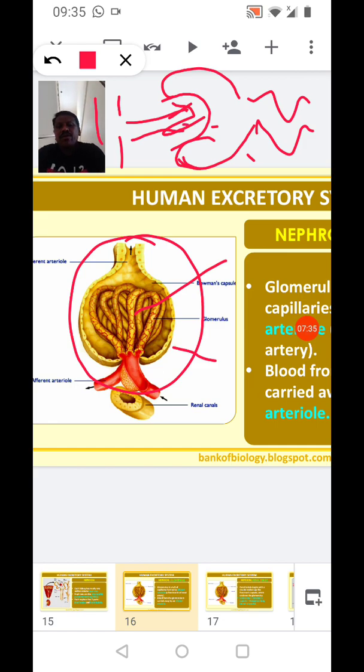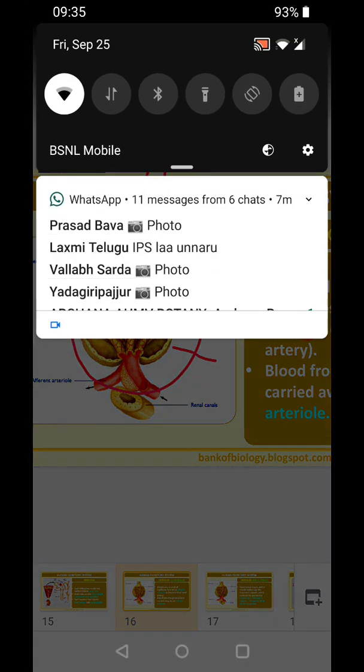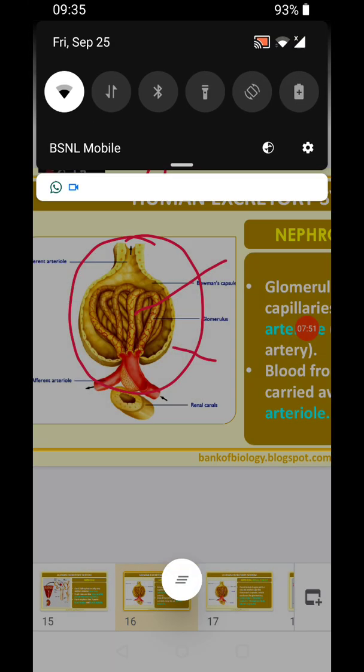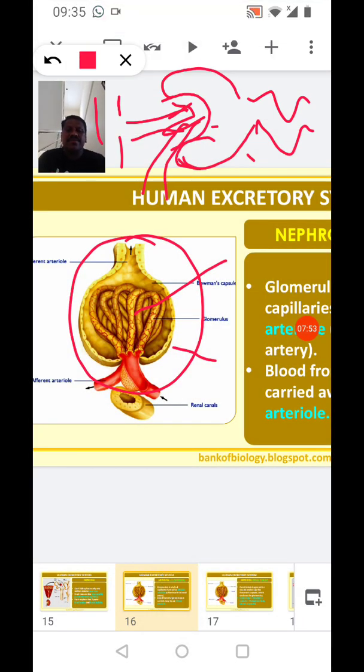And from the glomerulus, one blood vessel will come out, which is known as efferent renal arteriole. Right? So that means here you should understand.